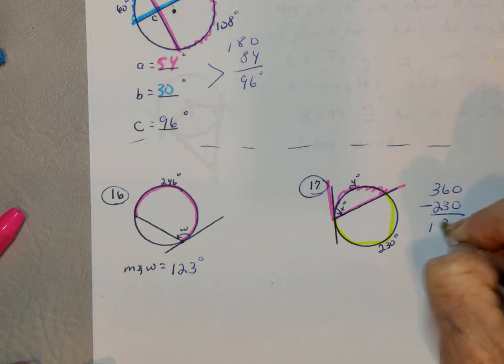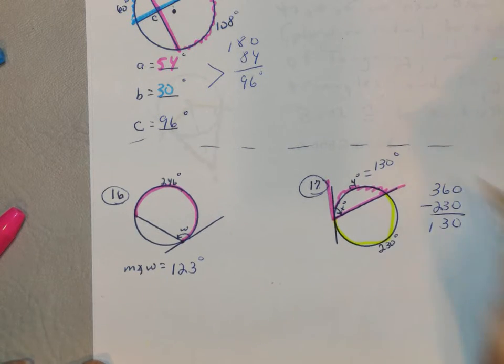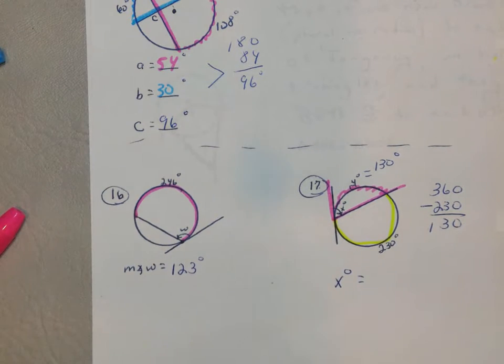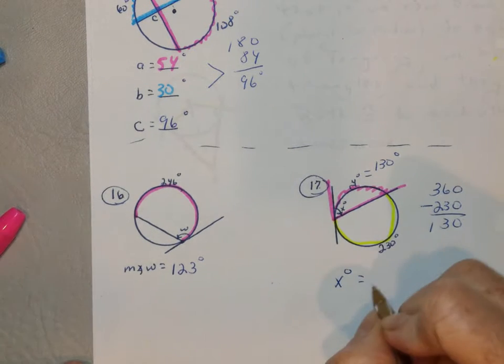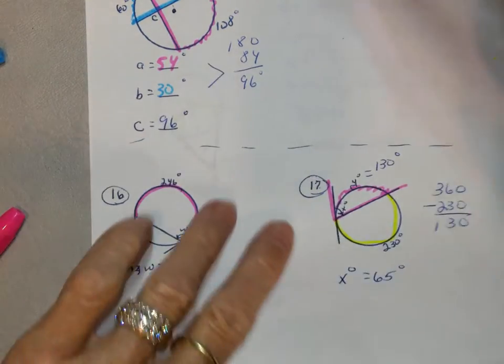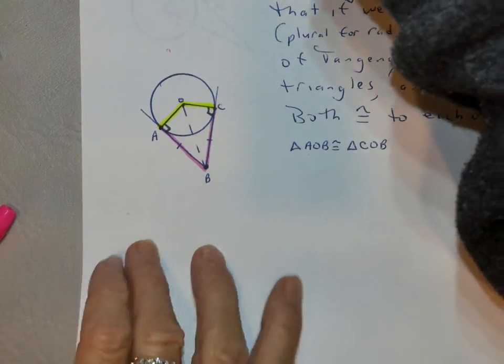That gives us 130 degrees. So Y is equal to 130 degrees. And angle X is going to be half that. So half of 130 degrees is 65 degrees. So angle X is 65 degrees. Okay, folks, good job on that. So let's move on. We've got a lot more stuff to talk about.